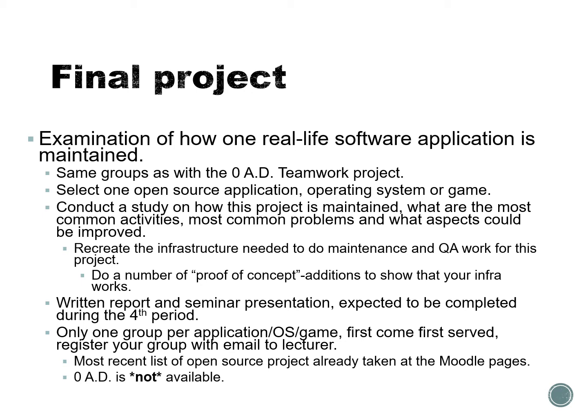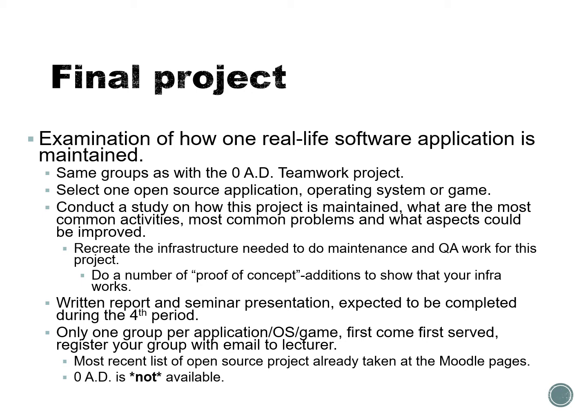And I'm not putting any restrictions here, but keep in mind that this is the largest single graded part of this course. So if you have some Python extension library which has like 100 lines of code and has had exactly one revision once, technically it's an open source project, so yes, you are allowed to use that for your report, but let's say that it's not going to get very high rankings later on.